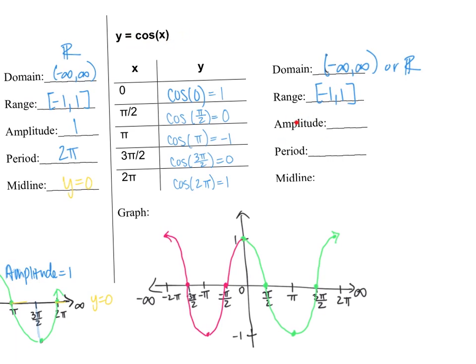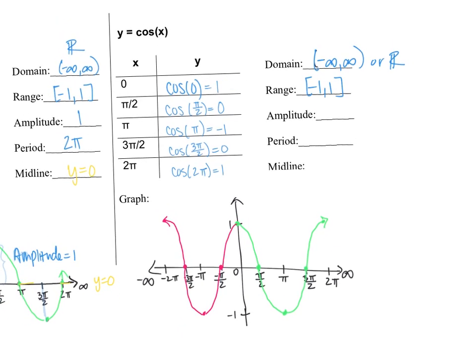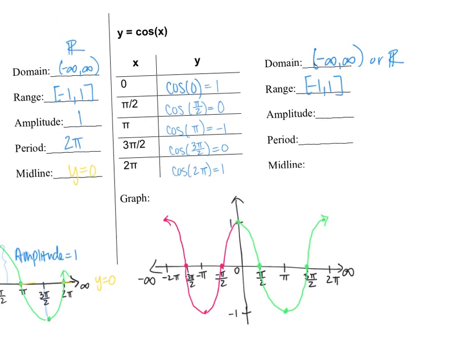As far as amplitude, for this graph I do want to mention the midline for the cosine graph is also on the x-axis. So right here, notice that this would be considered the middle part, because the amplitude should be the same length going up and the same length going down.